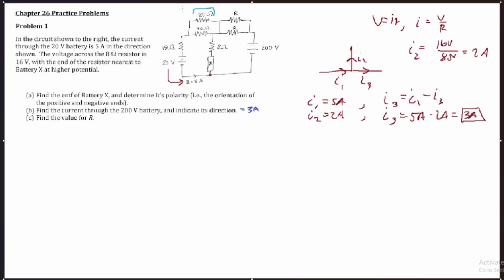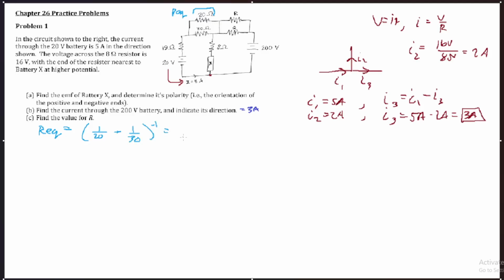So the blue R equivalence, or the left hand R equivalence, is equal to 1 over 20 plus 1 over 30, all to the negative 1.